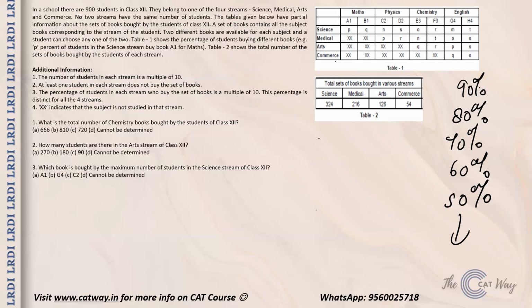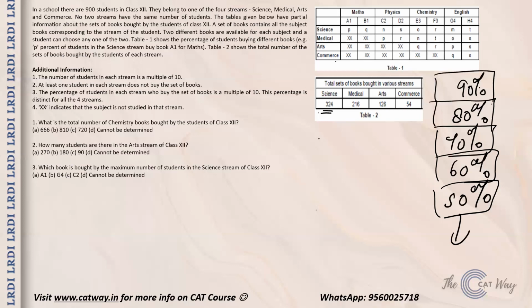Now, guys, you see that there are 324 students who have bought the books, right? Now, these 324 students could be 50% of total science, could be 60%, 70%, 80% or 90% of the total of science, or even 40, 30, 20 and 10% of the total number of students who got the science course.